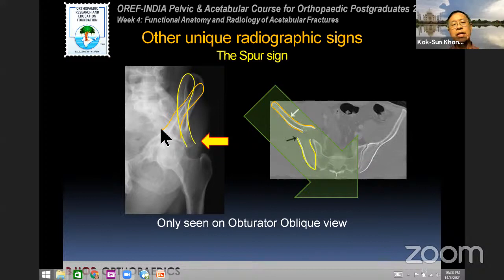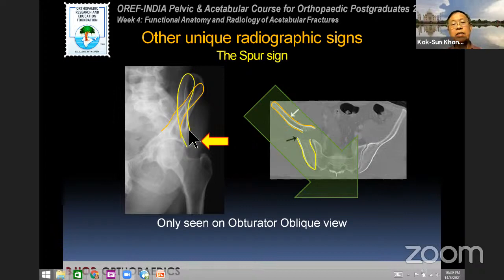The orange line is the anterior column, and there's a split between these two, which means there's a bicolumn. The split runs from the iliac crest all the way down, and you have two pieces moving apart from each other. One of them becomes a spur.